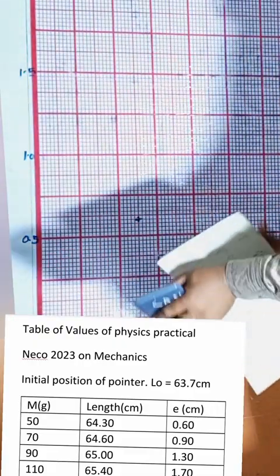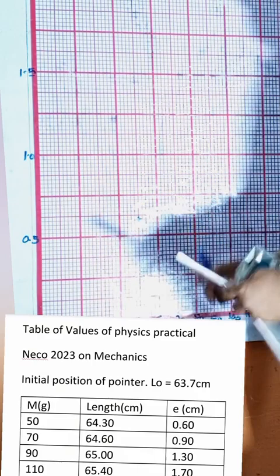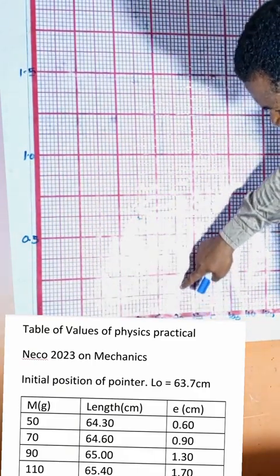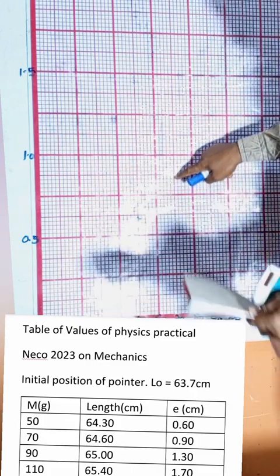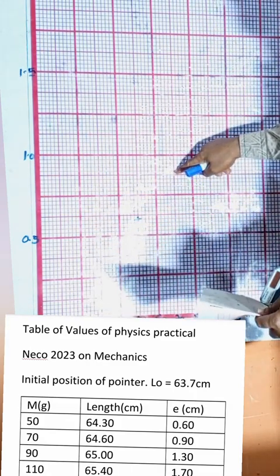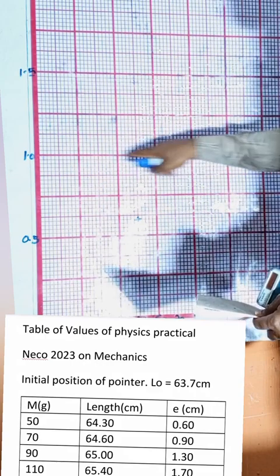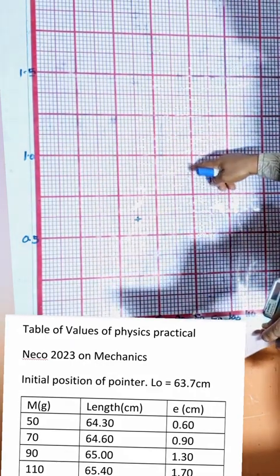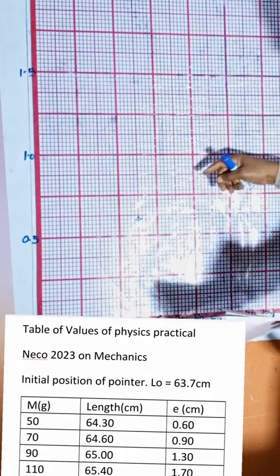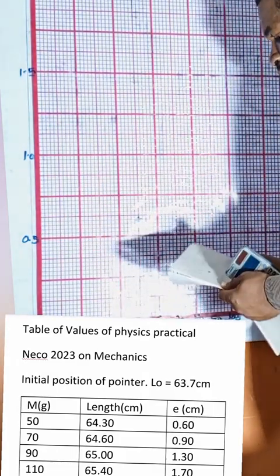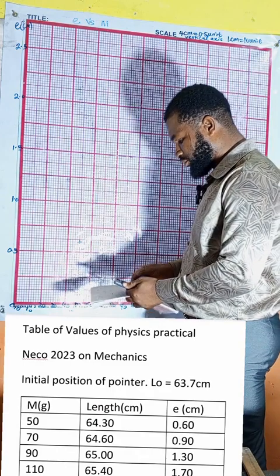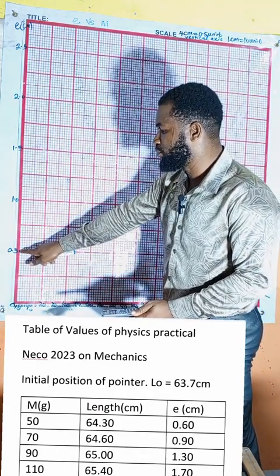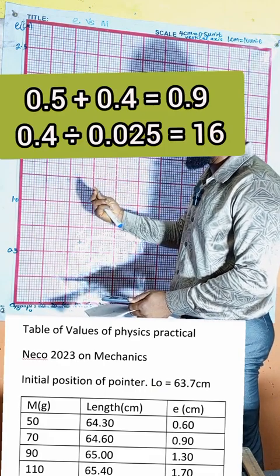The next one is 0.9 under 70. This is 50. This is 60. This is 70 now. What am I looking for? I am looking for 0.9. This is 1. 0.9 shouldn't be there, so 0.9 should be somewhere here. What should I do to 0.5 to get 0.9? To get from 0.5 to 0.9, you need 0.4, right?